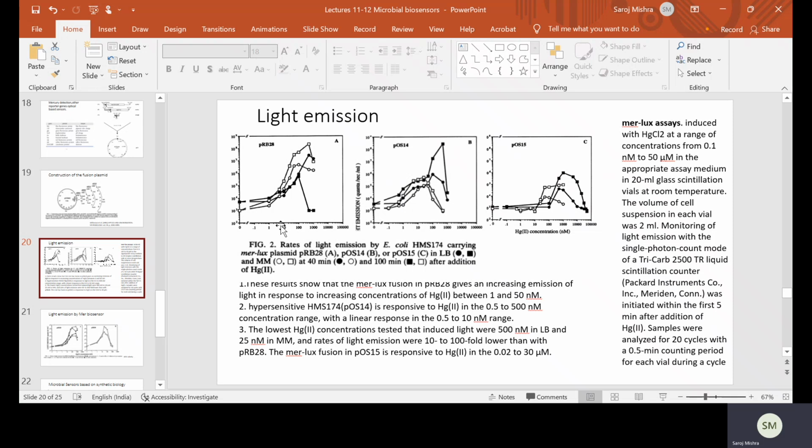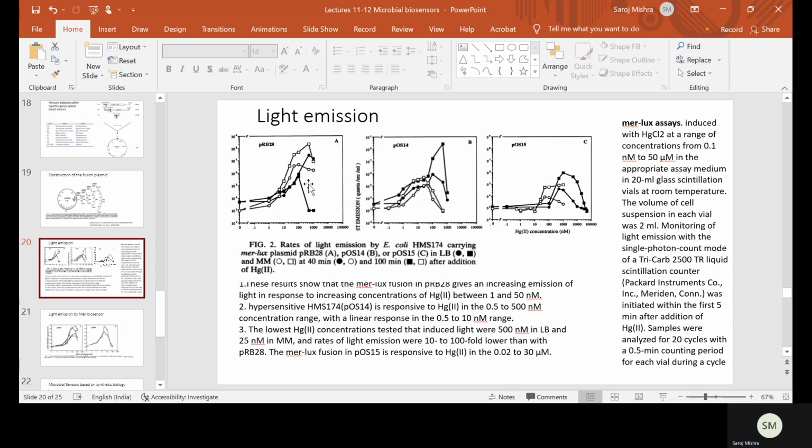So, regarding the sensitivity of this particular system, you can say that as you increase the concentration from 1 up to 50 nanomolar, right here, you are able to see an increasing emission of light in response to the increase in the concentration of mercuric ions.